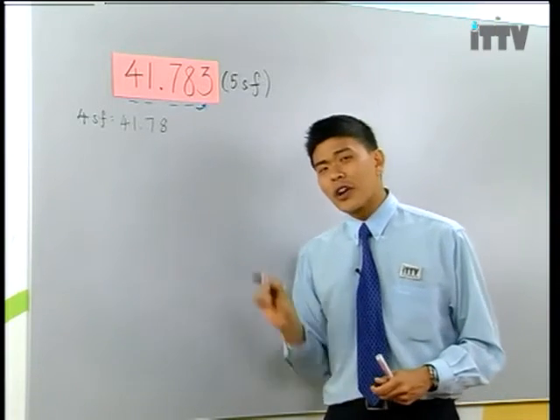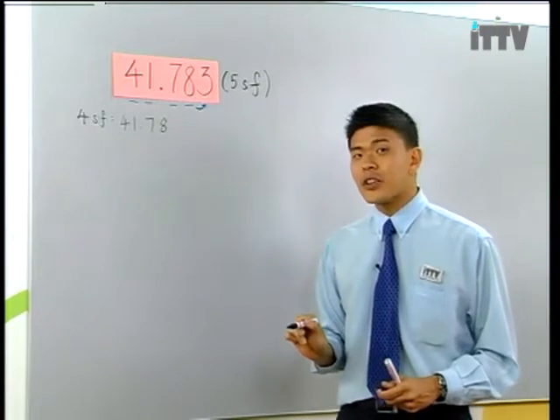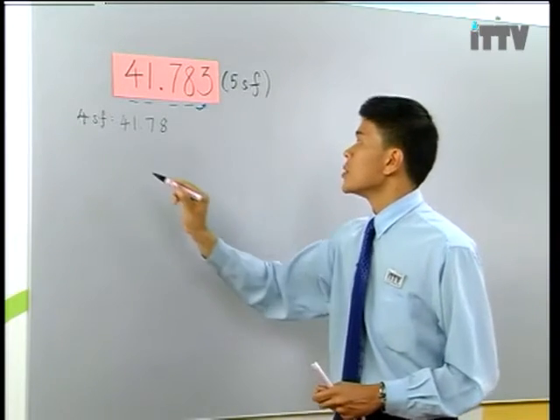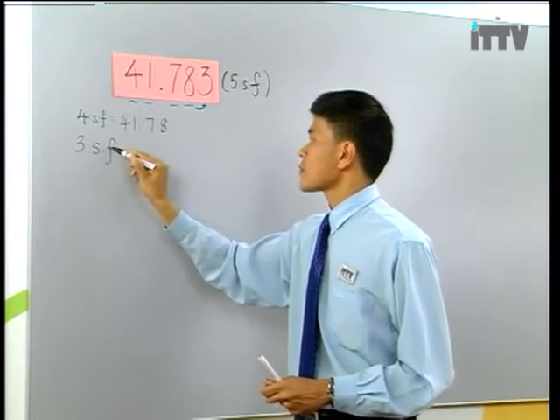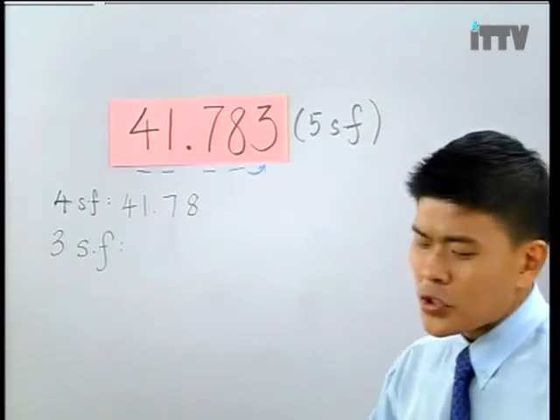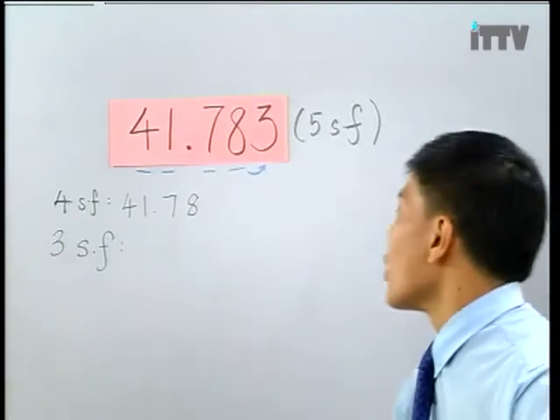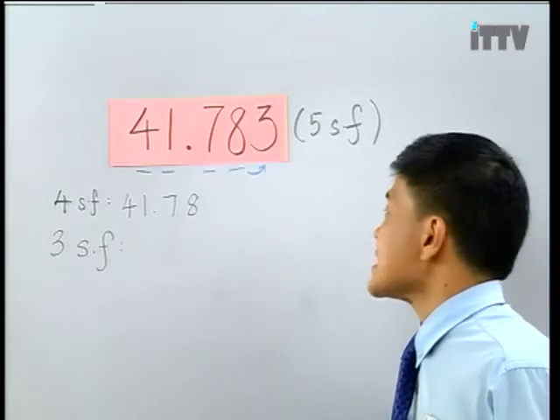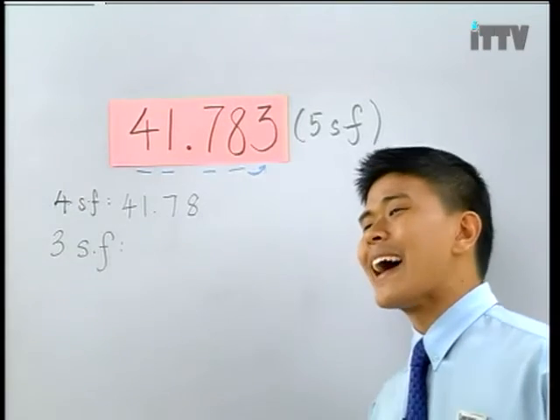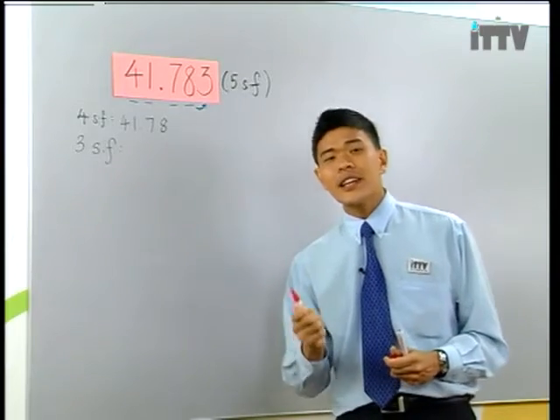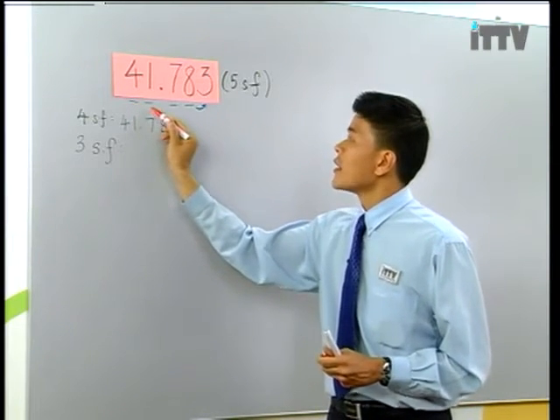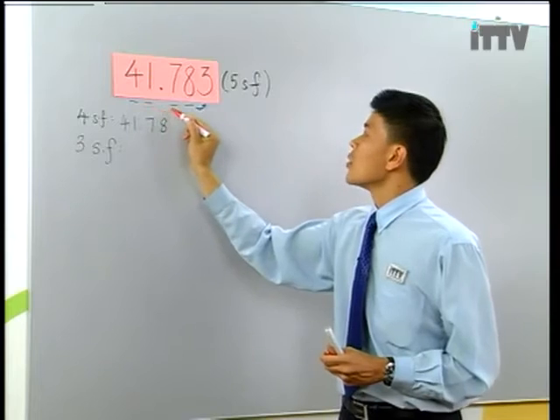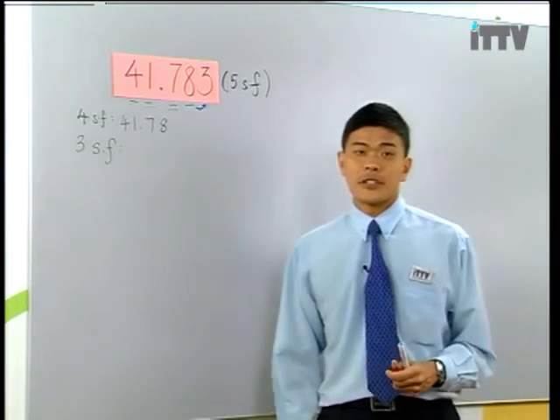Alright, now if we want to round it off to 3 significant figures, repeat the same procedure. For 3 significant figures, what do we do? Start from the left to the right and underline the first 3 significant figures. 1, 2, and 3.